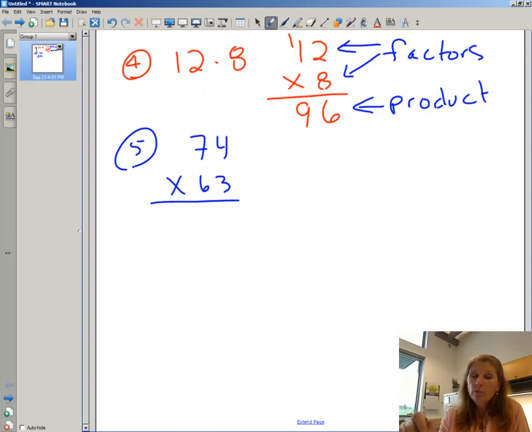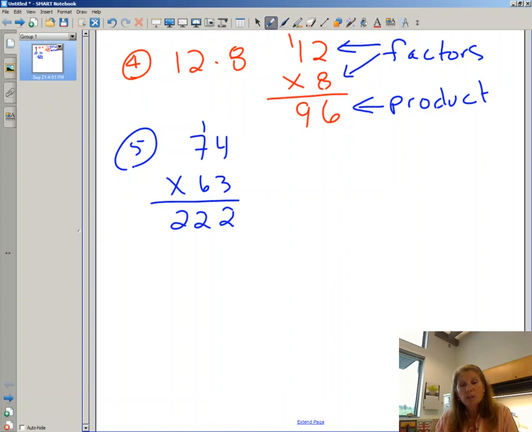Notice up here when we're multiplying, we just did the 8 times the 2 and then the 8 times the 1. We're going to start off doing that with the 3. And so I'm going to do 3 times 4 is 12. And then carry the 1. 3 times 7 is 21, plus 1 more makes 22. Now here's what you have to do in multiplication. You probably remember this, but in case you don't, the next row I'm actually multiplying by 6, but it's really 60 because it's in the tens place.